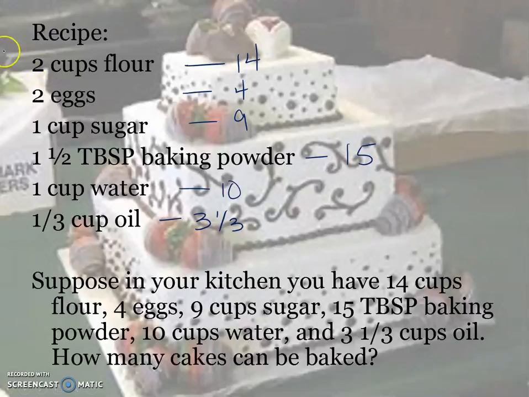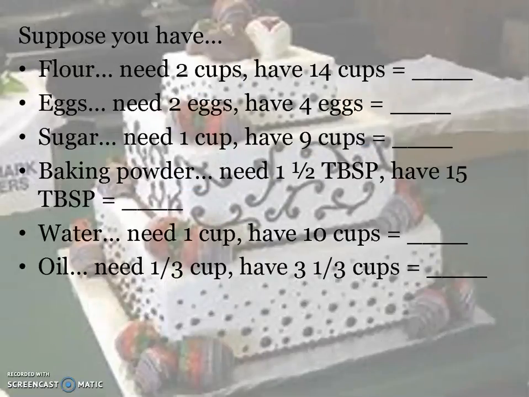Well, let's see. If it was based on just the flour recipe, we can make 7 cakes, but based on the eggs, we can only make 2 cakes. So we need to figure out which one is our limiting reactant, which one is going to limit us. So suppose with the flour you need 2 cups, you have 14 cups. You can make a total of 7 cakes. With the eggs, if you need 2 eggs but you have 4, you can make 2 cakes.